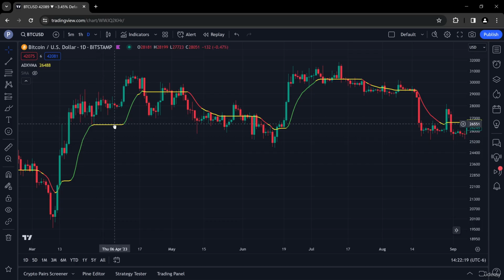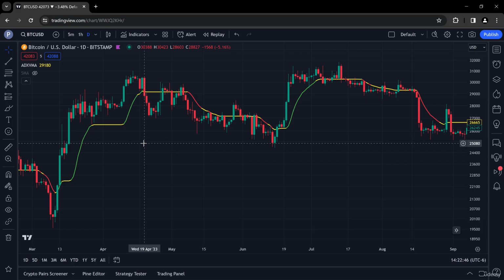When it's yellow, the indicator is giving us a flat signal or no trend signal. And when it's red, it means the indicator is bearish. It's giving us a bearish signal. Then using these signals provided by this indicator, we can make a decision in our trading strategy.